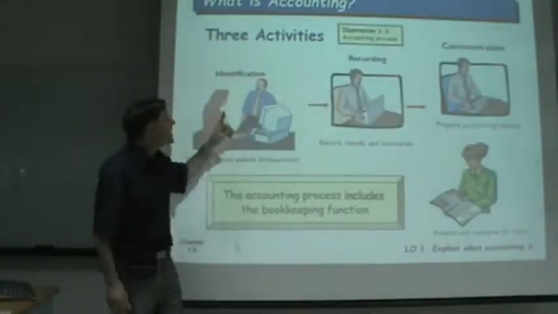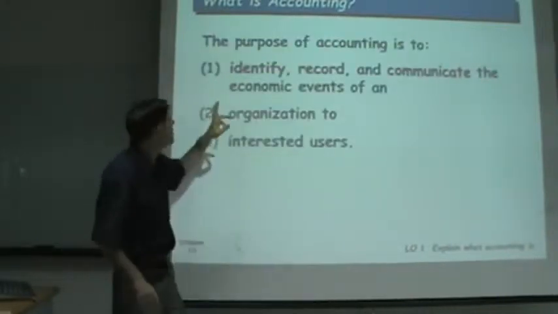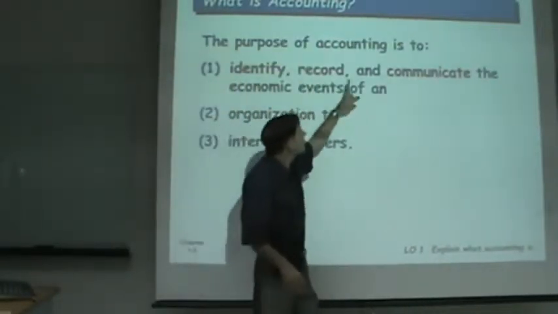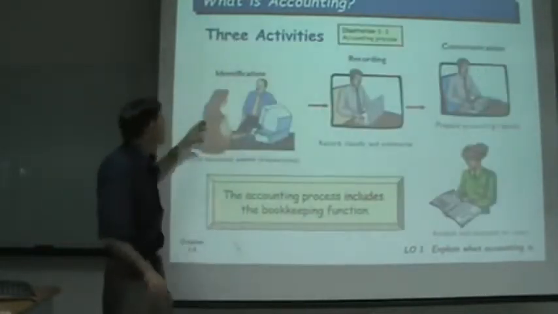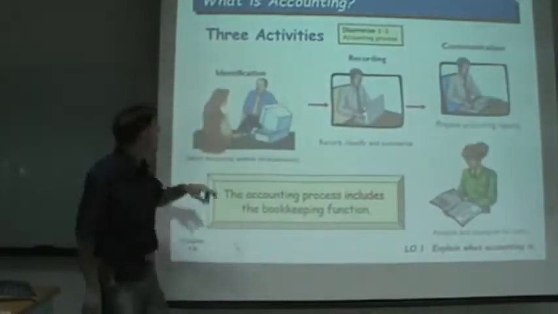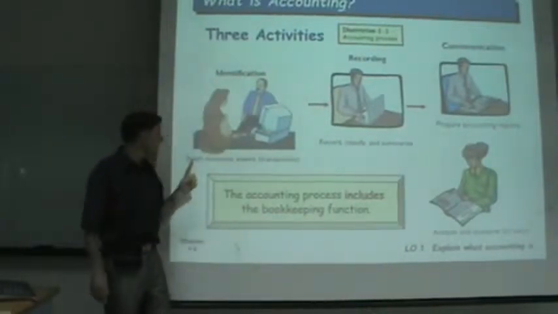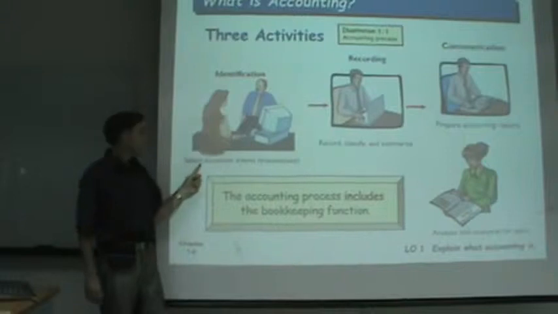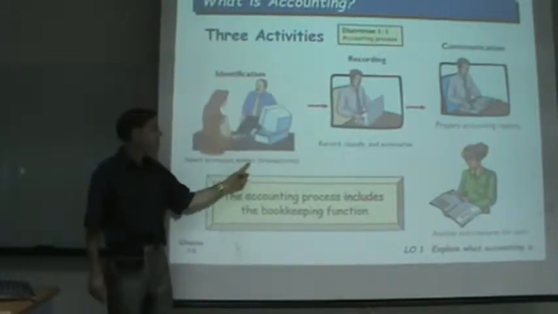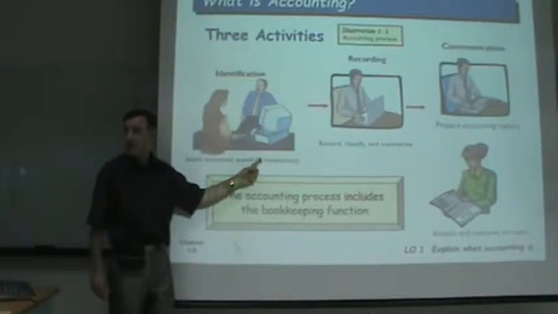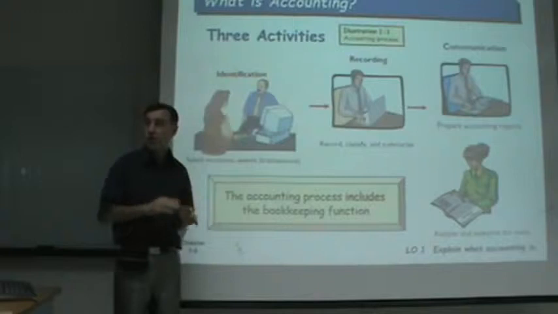Okay. Well, these are the 3 primary activities. Let's read them. Identify, record, communicate. Now, this is a picture for like little children. This shows you identify. Identify means select the economic events. When we say event, it's the same as transaction, okay? So you choose, we record this, we don't record that.